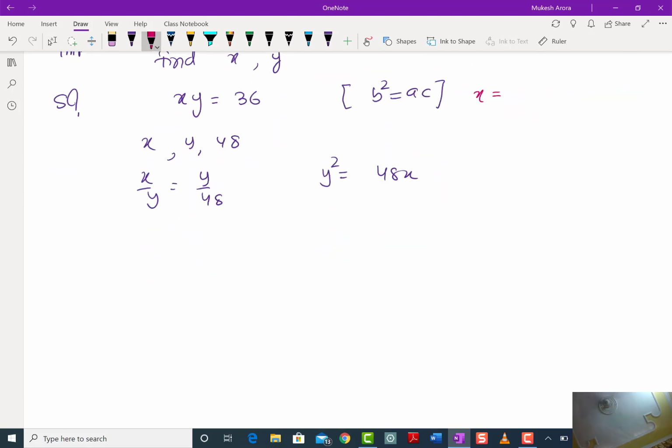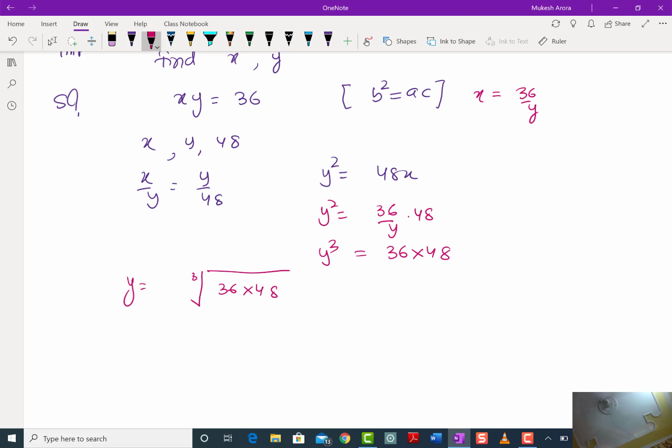X is equal to 36 by y. So y square is equal to 36 by y into 48. Y cube is equal to 36 into 48. Y is equal to the cube root of 36 into 48. So y will be equal to 12, right? Y is with us.